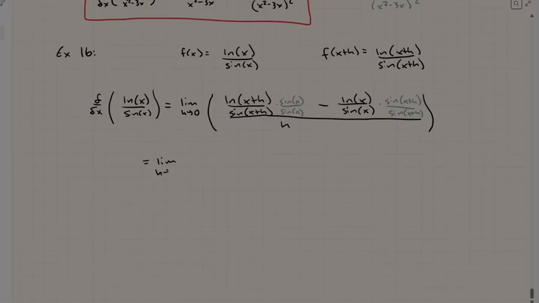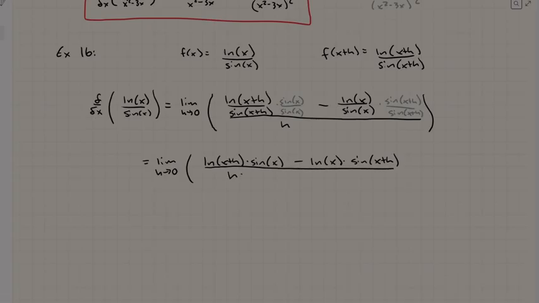So then we've got the limit as h approaches 0 of ln(x plus h) times sine of x minus ln of x times sine(x plus h) over, now we can have h multiplied by all of that, sine(x plus h) times sine of x.